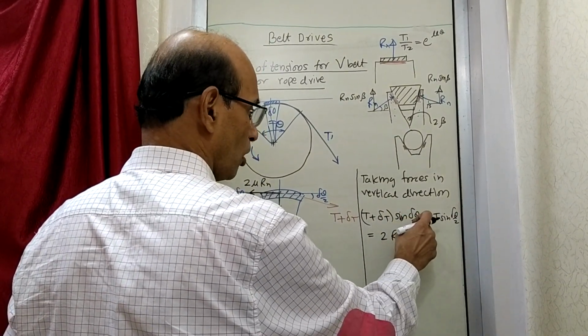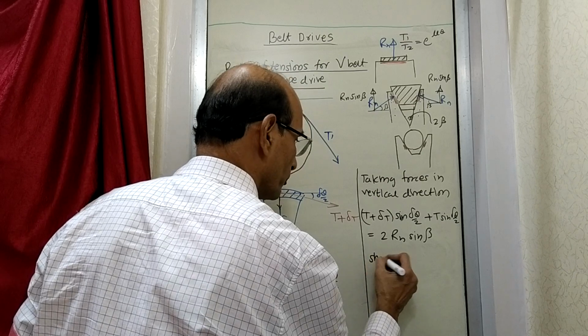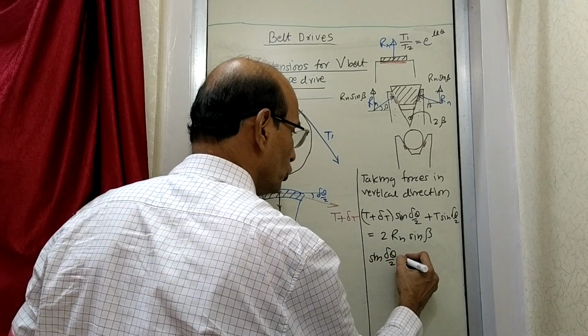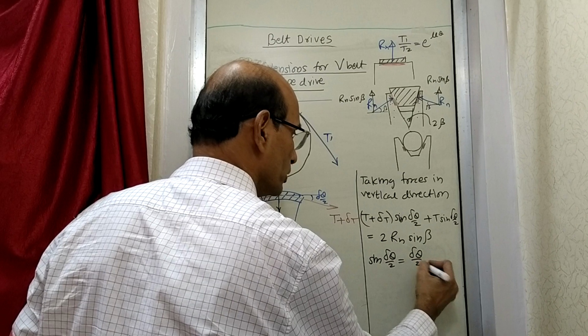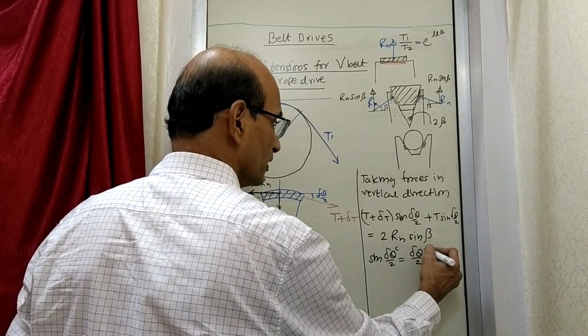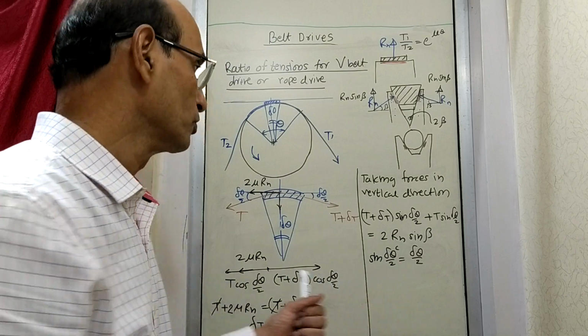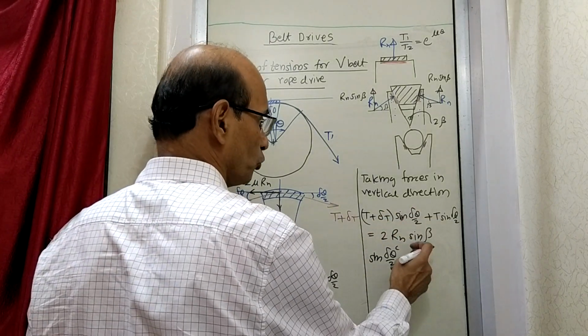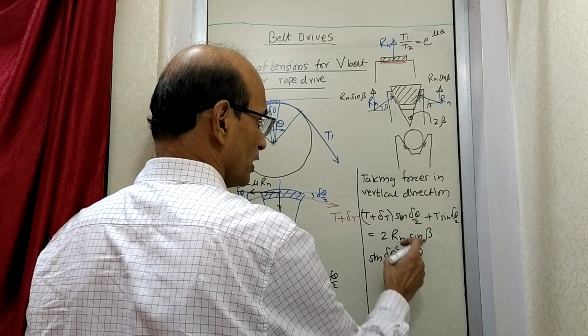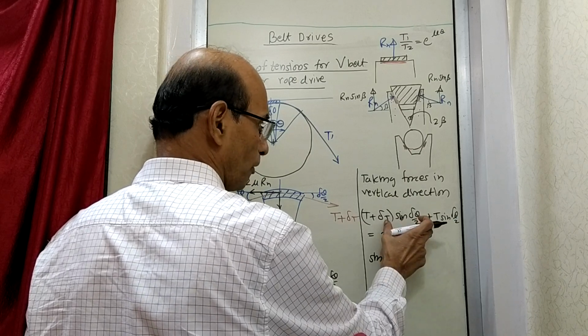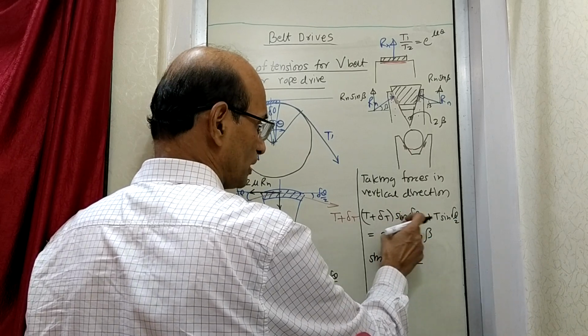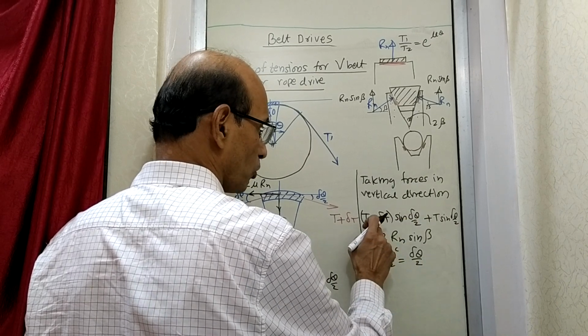Now sine of delta theta by 2 is equal to delta theta by 2 itself, when it is in radians, the value comes as the numerical value of the angle itself. So when you replace sine delta theta by 2 by this, then let us see what happens. Now these both figures are very small, so the multiplication of these two is negligible, only this will remain.